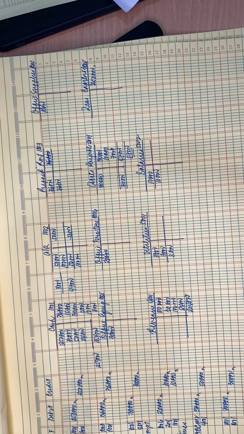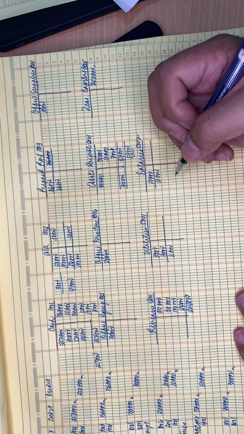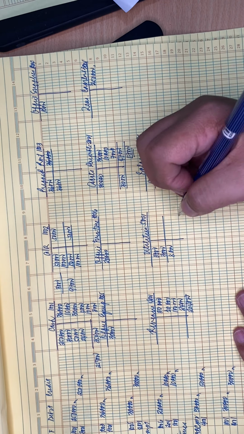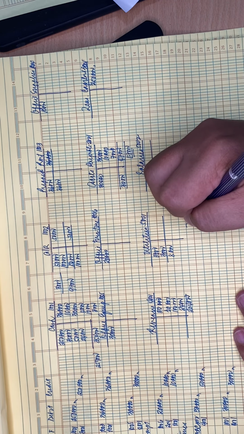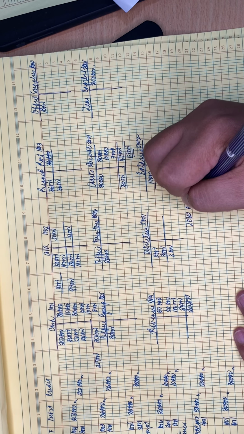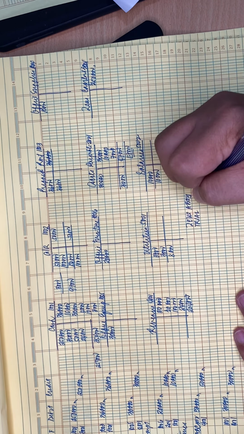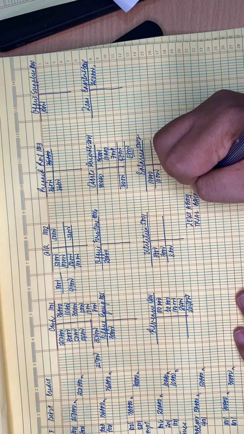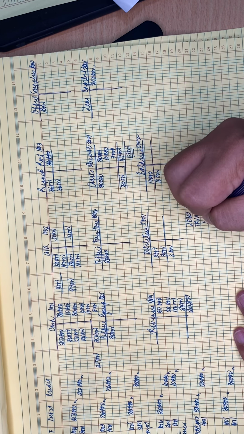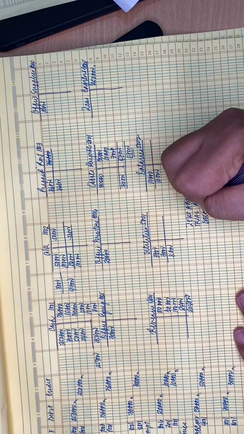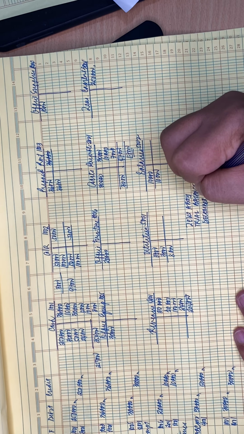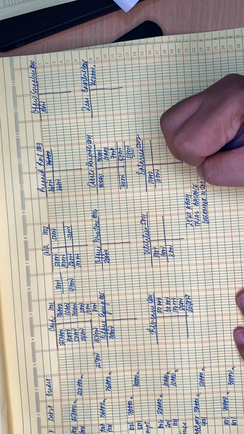We are now ready to proceed to the next step, which is the preparation of the trial balance. Okay, so let us just say that the firm is Zeus Aboy. Then we have the trial balance as of December 31, 2020.